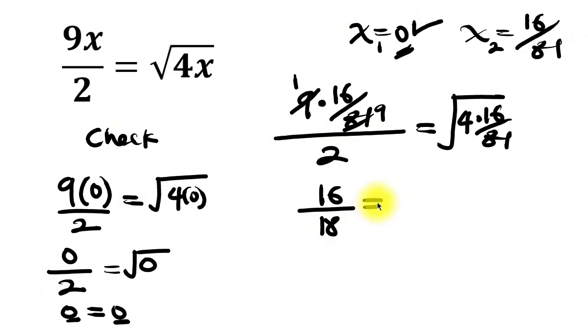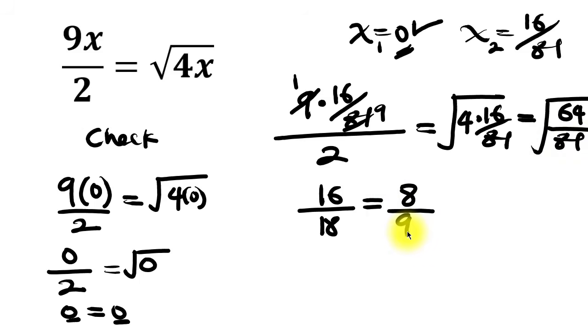This is equal to, now on the right-hand side, watch what will happen. I'm doing the right-hand side, the square root of 4 times 16 is 64, right? Very good. All over 81. Now let's look for their square root. The square root of 64 is 8, all over the square root of 81 is 9.